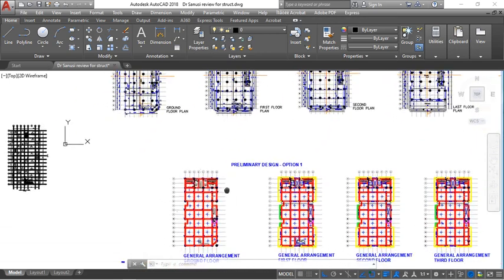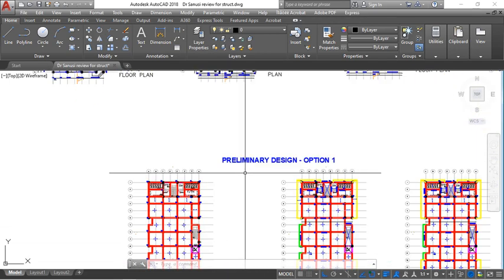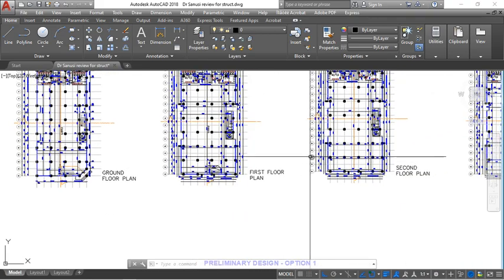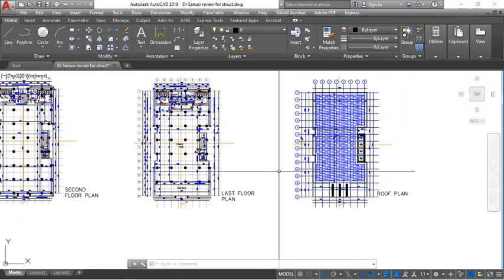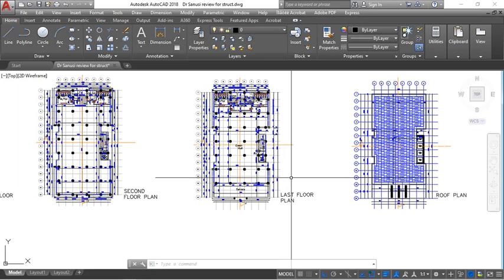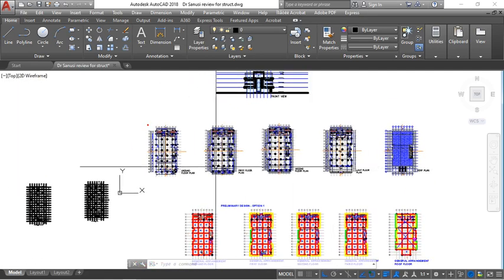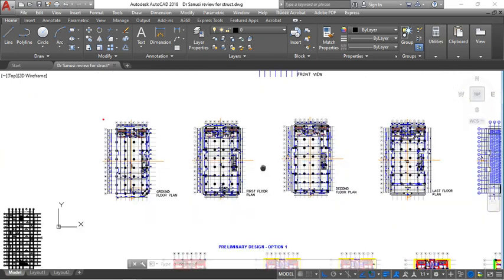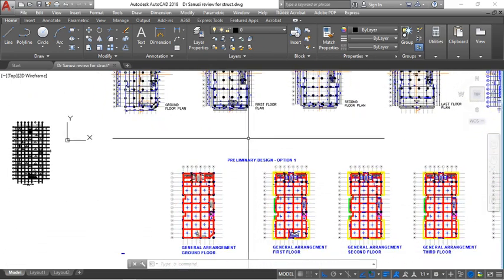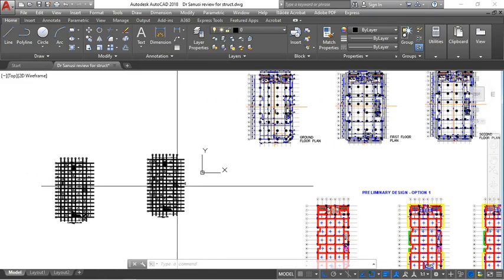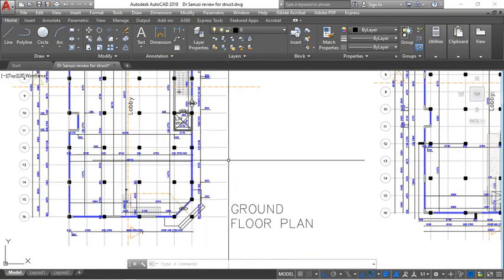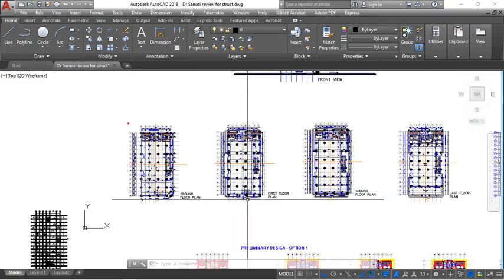So moving on, I have made preliminary design options for this particular architectural design project. It's a real life project, so documents are already in place for the construction, and it's been reviewed, just like I mentioned in my previous video for the architectural drawing, based on the discrepancies that I noticed.